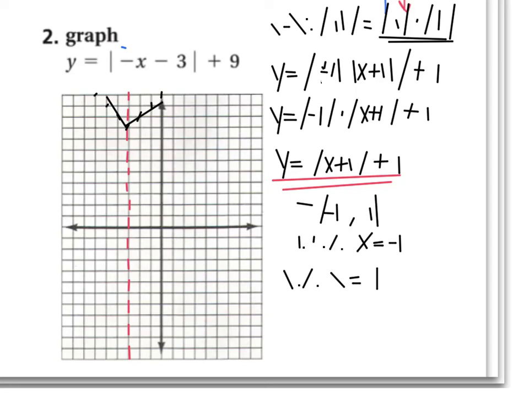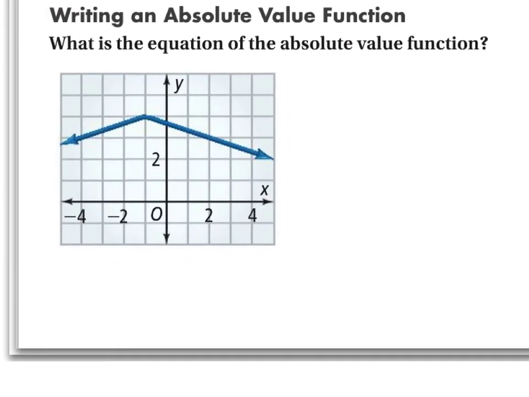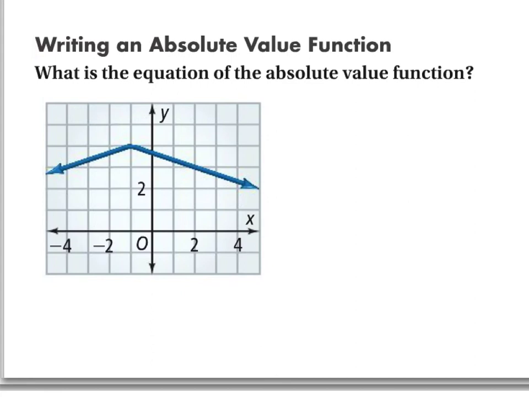Okay, then there is one more type of problem that I want to show you, which is writing the equation of an absolute value function. The first thing that you need to do for this is to write down the general form. The general form is at the top of your notes, and it says y equals a times the absolute value of x minus h plus k.